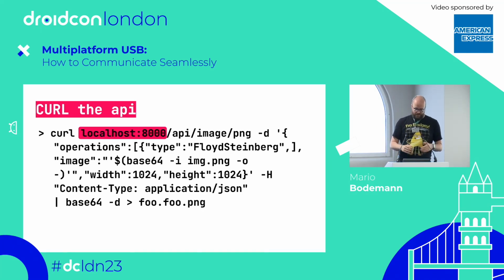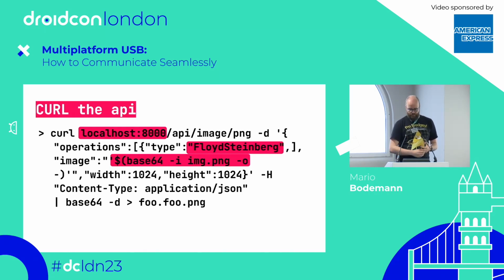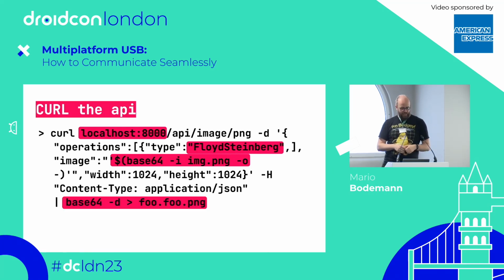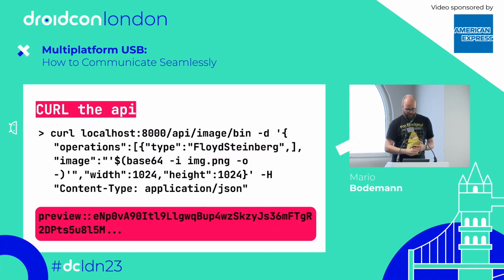Currently it's running on localhost in this example, but I can use Floyd Steinberg and take any image I have on my hard drive, base64 encoded, and send it over as the payload in the JSON. What I get back is, again, a JSON-encoded PNG from my API that I can then save once it's decoded into an image, and it looks kind of nice.